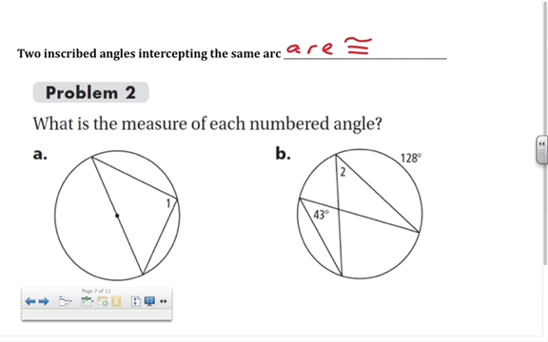Problem 2 is talking a little bit more about stuff that we were dealing with before. Half of an inscribed angle. Angle 1 in part A here, that's 90. Angle 2, notice, is intercepting the same arc as the 43. So then angle 2 is 43.